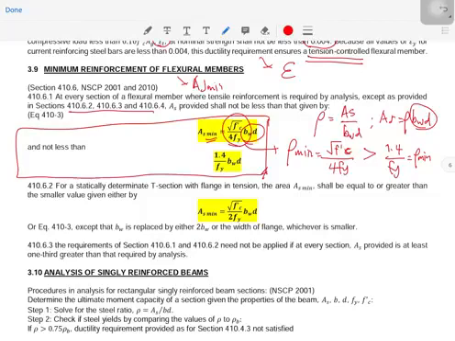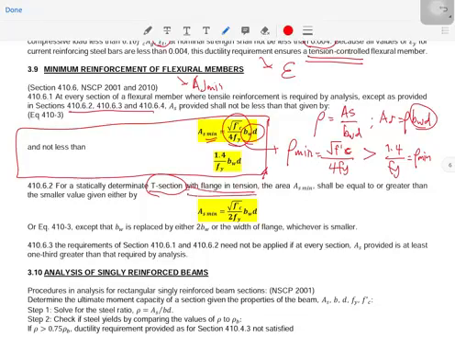So for a statically determinate section with flange in tension, the area As min shall be equal to or greater than the smaller value given either by As min equals square root of f prime c over 2 fy times bw.